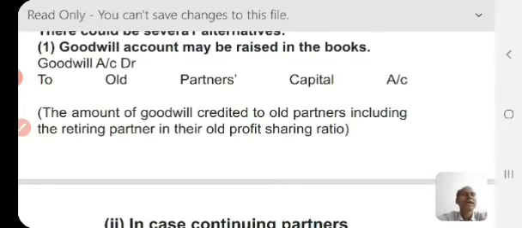The narration is: the amount of goodwill credited to all partners including the retiring partner in their old profit sharing ratio. So the raised goodwill is distributed among the capital accounts as per the profit sharing ratio before the retirement of the partner.